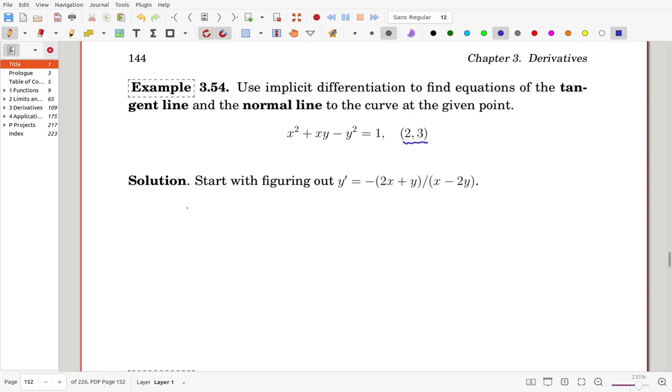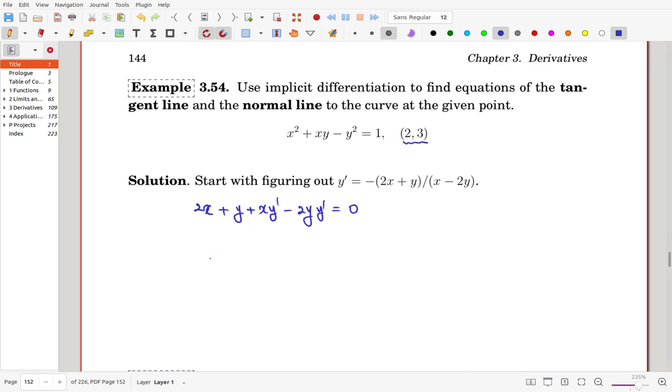Okay, let's do that. Differentiate the equation with respect to x, then x squared changes to 2x, and here by using the product rule, y plus x y prime, and then here minus 2y y prime, right side equals 0.